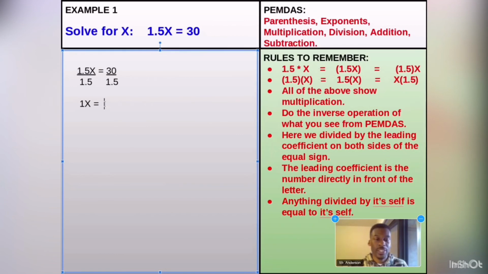I'm going to show you how to put this in your calculator properly so you can just get the answer. Maybe I'll do another video later down the line if you want to know how to do this without the calculator. But you can simply put open parentheses 30, close parentheses, divided by, I use the slash here, but your calculator will have a division sign, open parentheses 1.5, close parentheses.